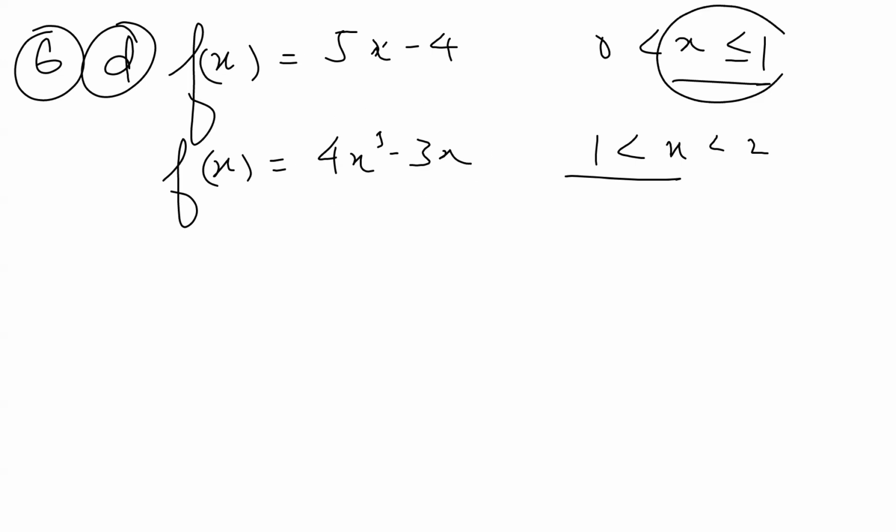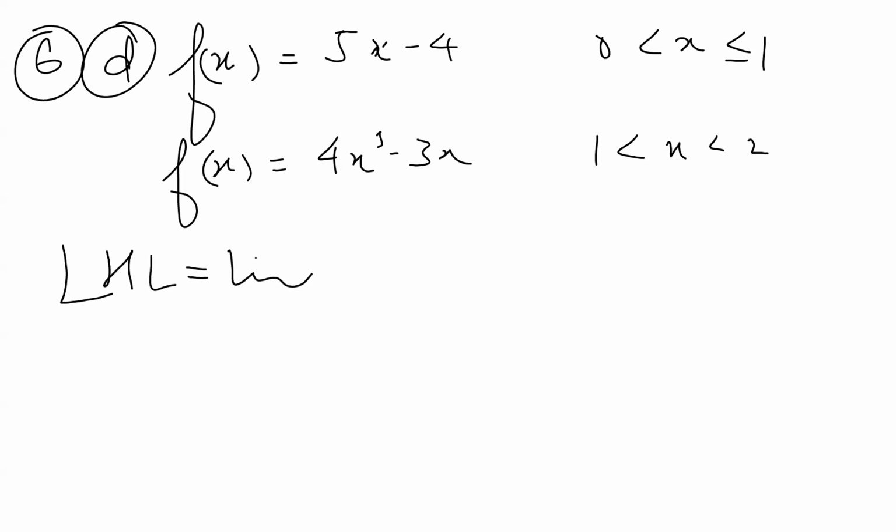And at x equal to 1 also, this function. So the function changes at and near x equal to 1. So LHL, we need to find out. Limit x approaching 1 minus, which is x less than 1. So x less than 1 is this function, 5x minus 4.